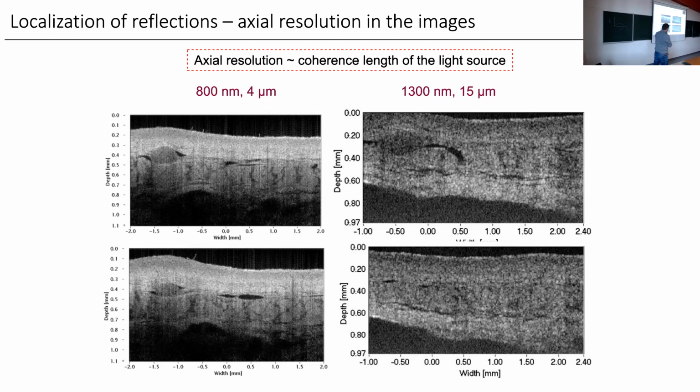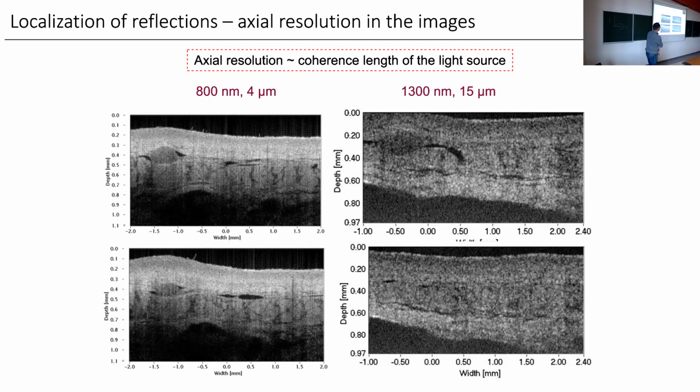These are two images, actually four images. One is taken at 800 nanometers, the other at 1300 nanometers center wavelength. That would be the center of the source spectrum, and both spectra have different widths.